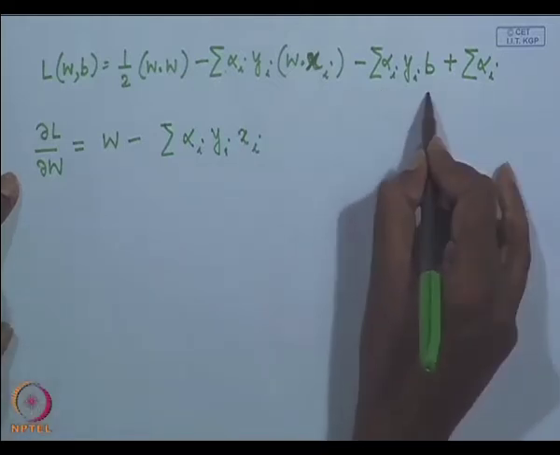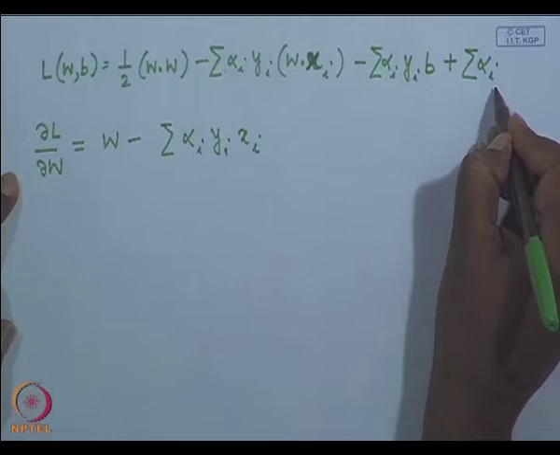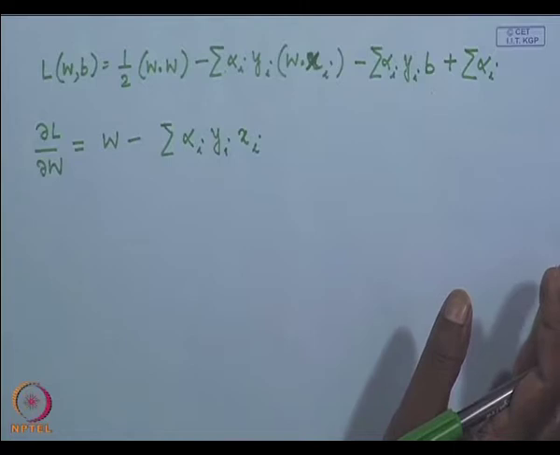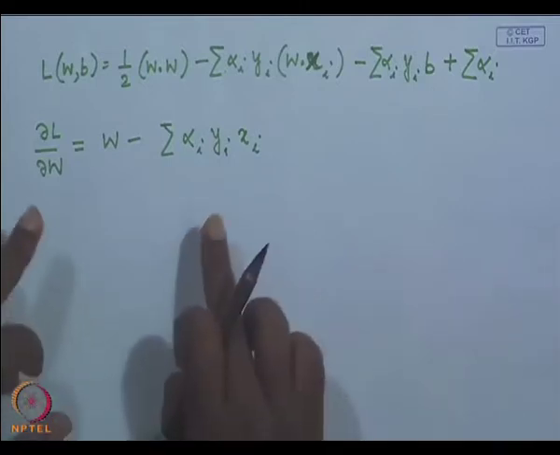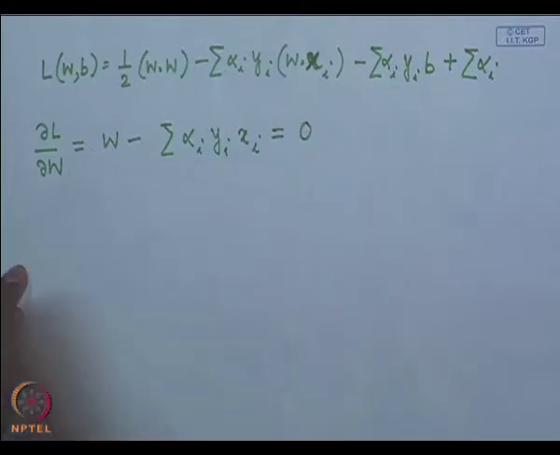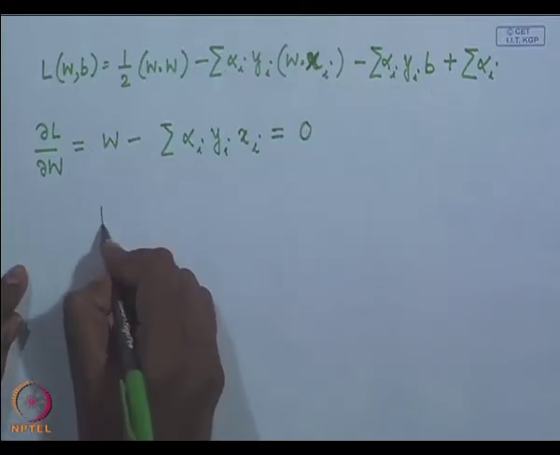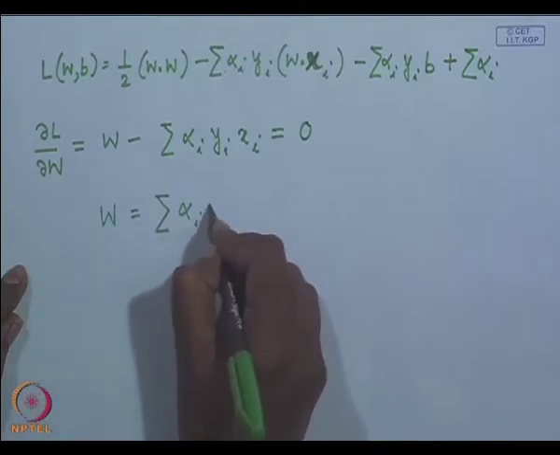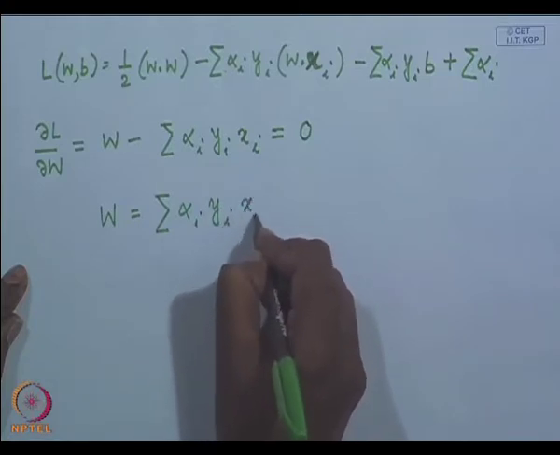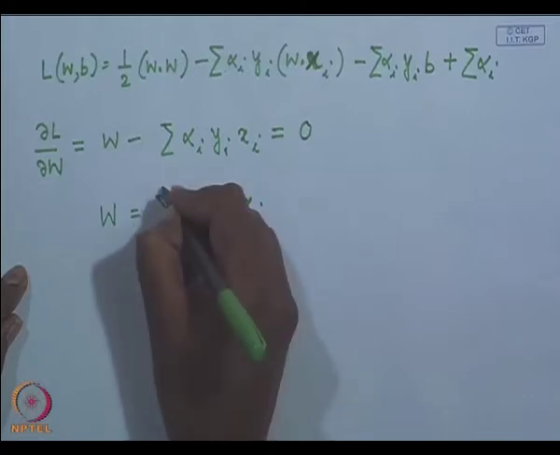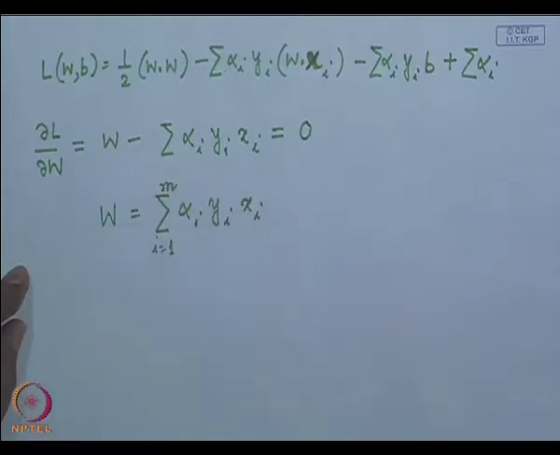You find that this term is independent of w, this term is independent of w, so the derivative of these terms with respect to w will be equal to 0. And once I take this derivative, I have to equate it to 0, which gives me w is equal to sum of alpha_i y_i x_i, where i will be from 1 to m, as m is the number of training samples.